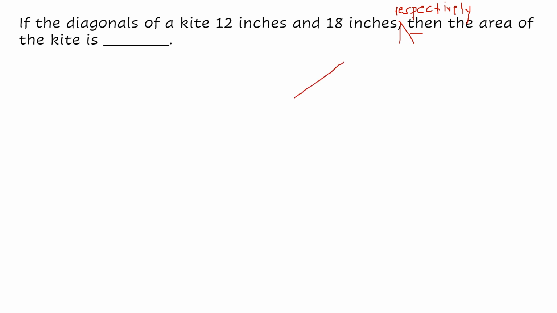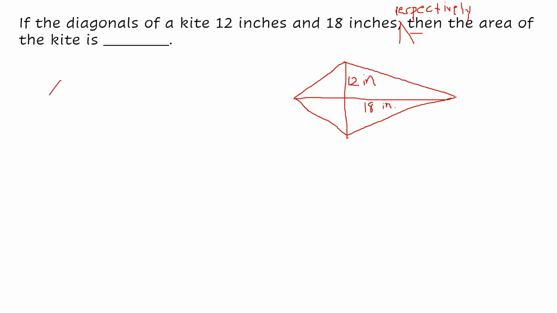So let's just draw a typical figure of a kite. So imagine this is the kite and here are the diagonals. So the smaller diagonal is 12 inches and the longer diagonal is 18 inches.